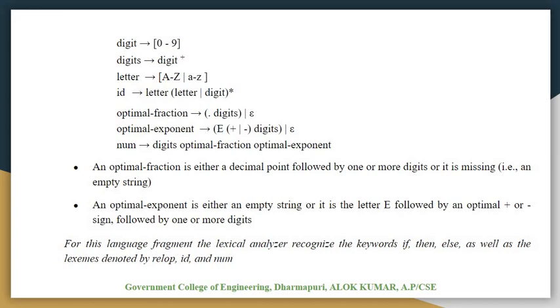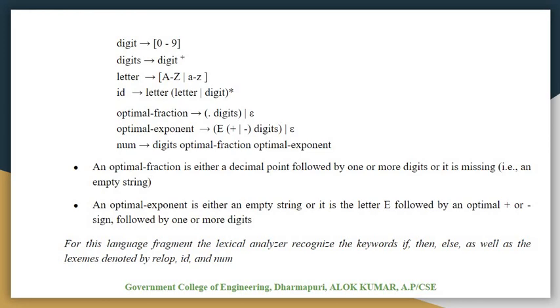Digit can be from 0 to 9. Digits is digit closure plus, so the value can be from 0 to 9, but it cannot be empty. Letter can be from A to Z, either uppercase or lowercase.